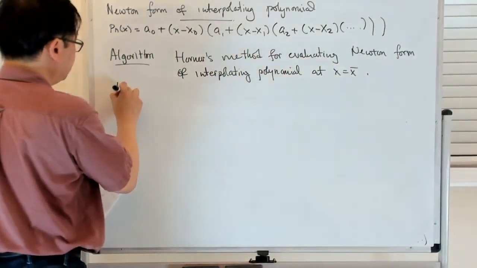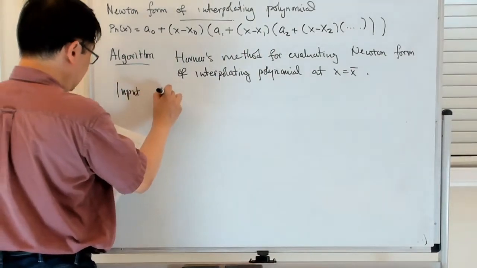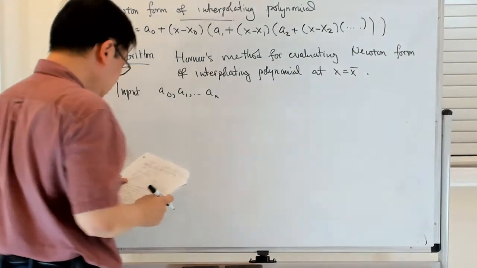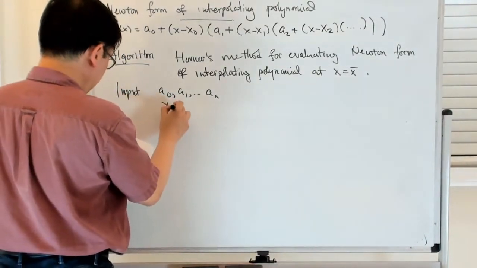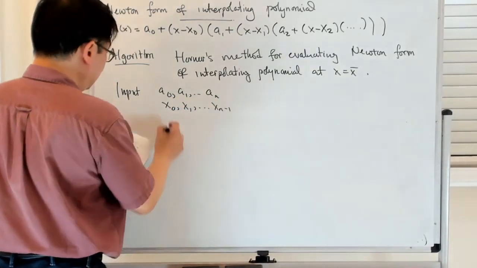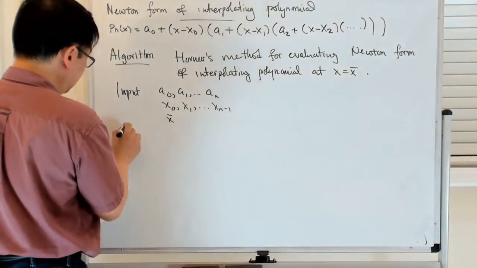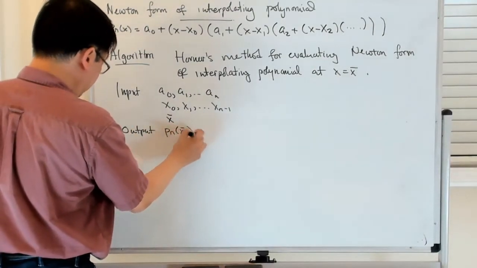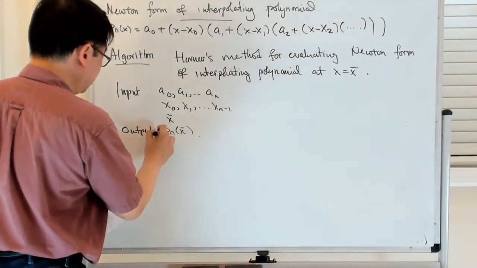The input is a0, a1 all the way up to an, which are the coefficients in the expansion. I need to know what x0, x1 up to xn minus 1 are, and I need to know what x bar is. The output is just Pn at x bar, which I call p.